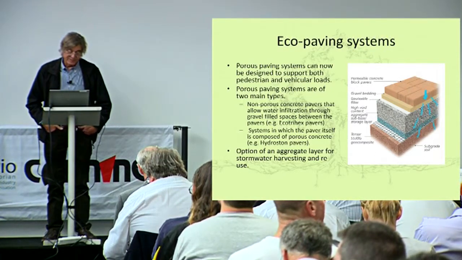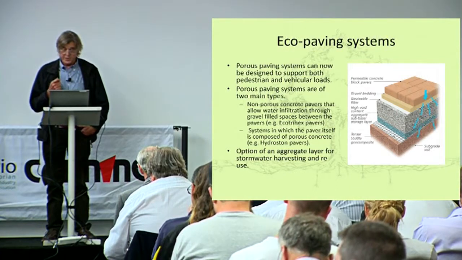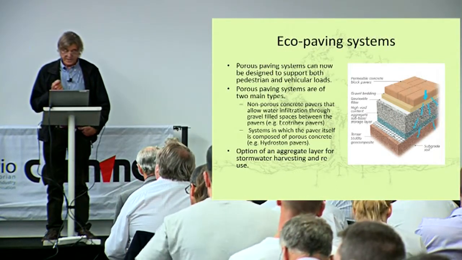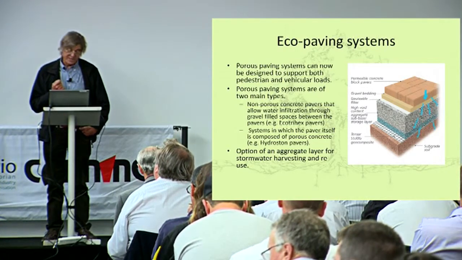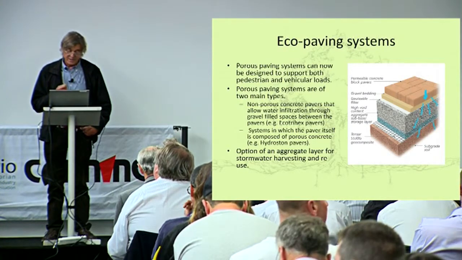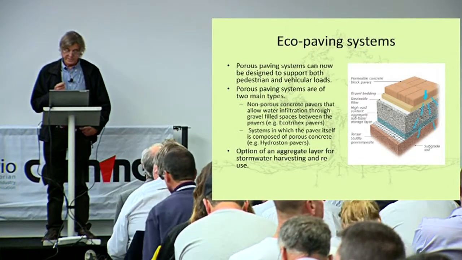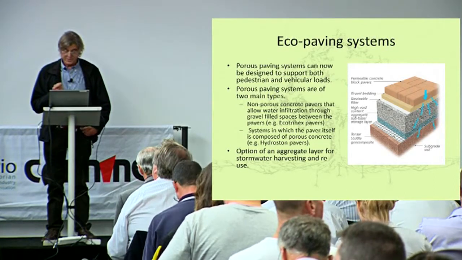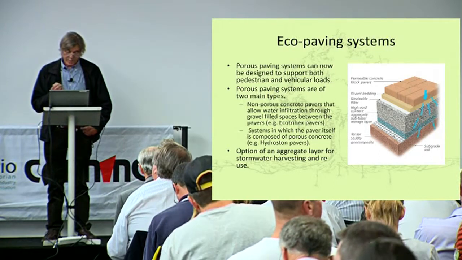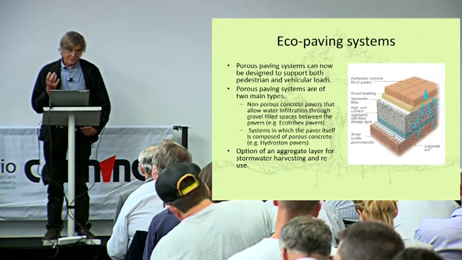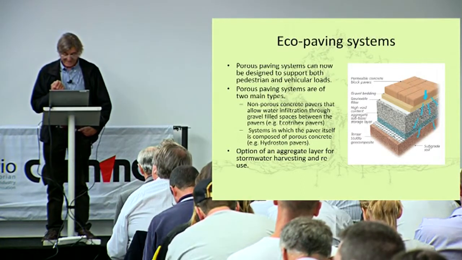Eco-paving systems. Once these paving systems were only used for light loads, but now we can design eco-paving systems which support vehicle loads. And there are two main types of paving systems: the ones which use non-porous concrete pavers that allow water infiltration through gravel-filled spaces between the pavers, such as the Eco-Trihex pavers, and other ones in which the paver itself is porous, made of porous concrete material, such as hydrostone.